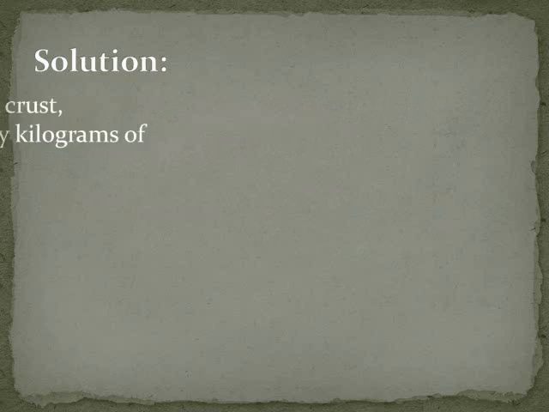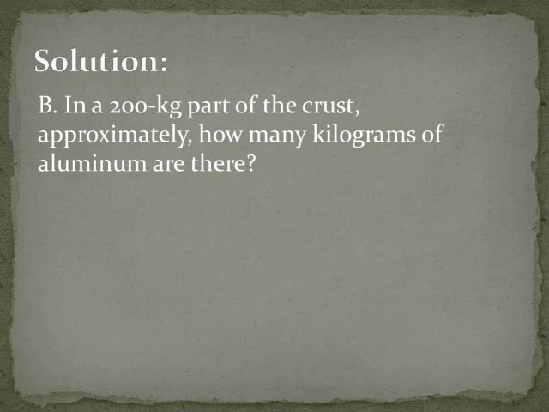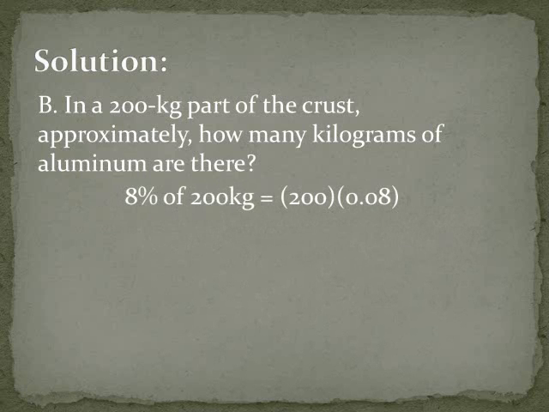Question B. In a 200 kilogram part of the crust, approximately how many kilograms of aluminum are there? In a 200 kilogram part of the crust, approximately 8% are aluminum, or 8% of 200 kilogram is equals to 200 times 0.08. And this is equals to 16 kilogram.